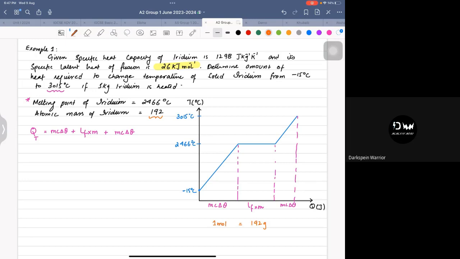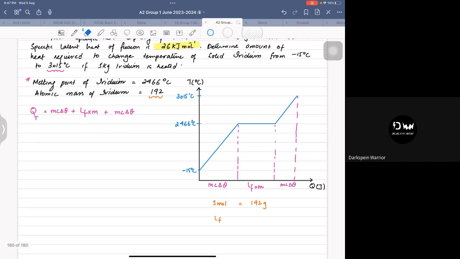So we are saying that the latent heat of fusion of iridium is 26,000 joules in 1 mole, which is also 192 grams. Is it clear, everyone? Samir, Amna, Abu Bakr, Khadija. So to convert it into joules per gram, we divide 26,000 by 192.